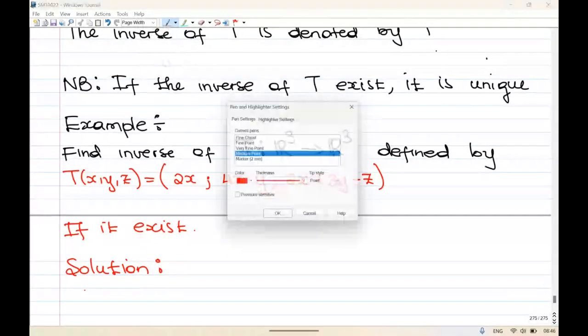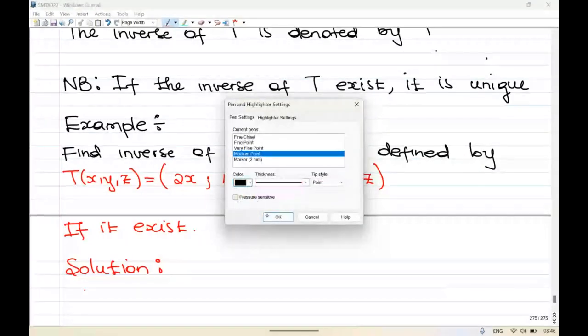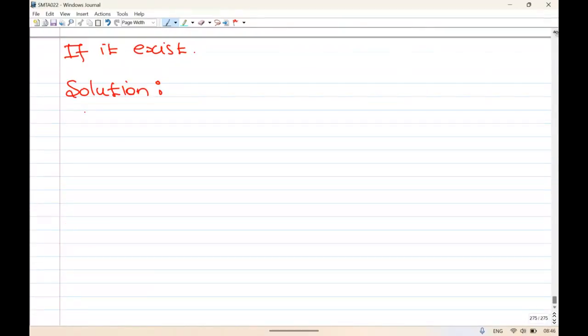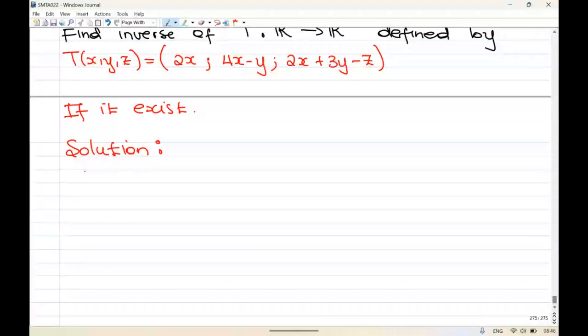So we are going to follow everything that we know. Are you done copying, for those who are copying? Here we don't deal with a matrix, where you can check if the determinant is equal to 0 or what. Here you are dealing with a map.